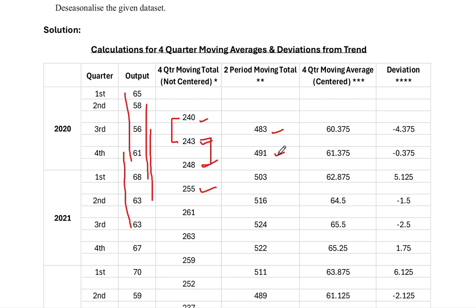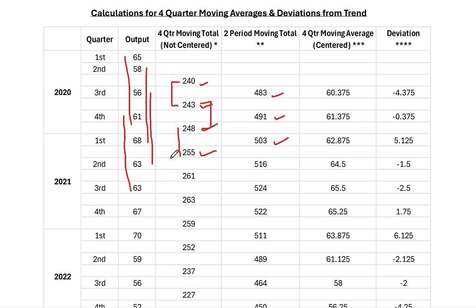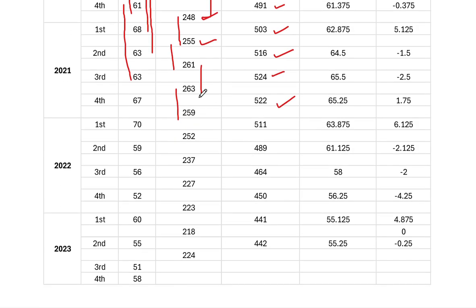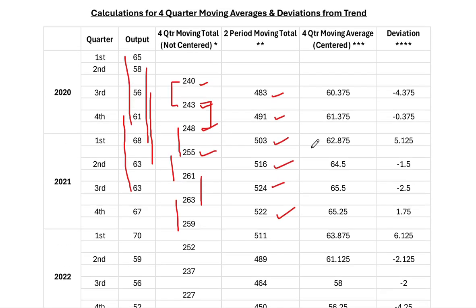So total will be 491. Now we will add 248 and 255. Total will be 503. 255 plus 261, 516. 261, 263. Total is 524. 263, 259. Total is 522. In the same manner, we will calculate for each quarter.